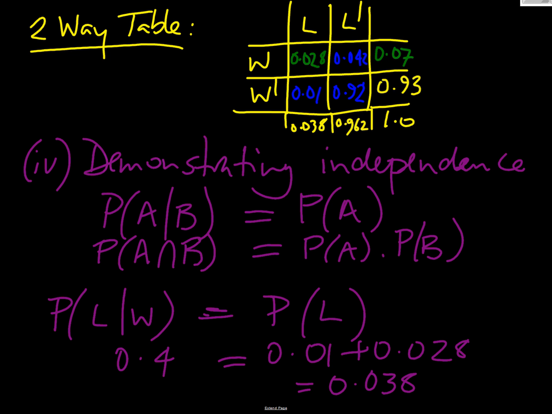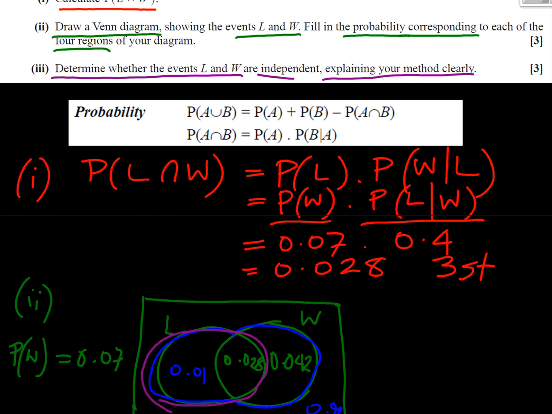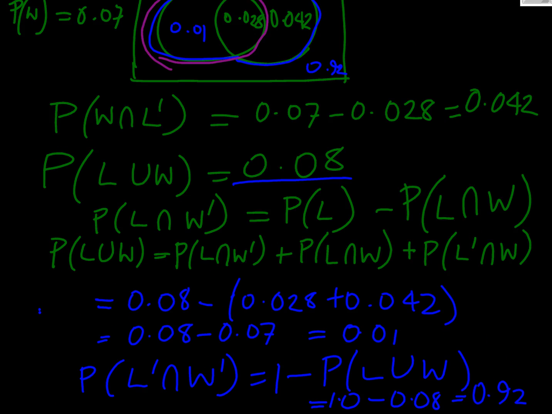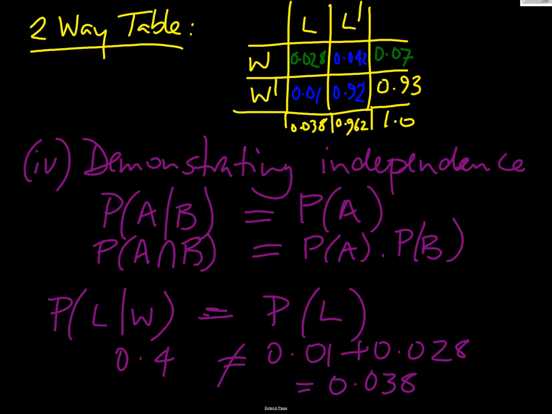Sorry, I think I wrote it's actually 0.04, isn't it? No, it's 0.4 on the other side. Well, they're not equal. So that would be a very quick way of checking that out.